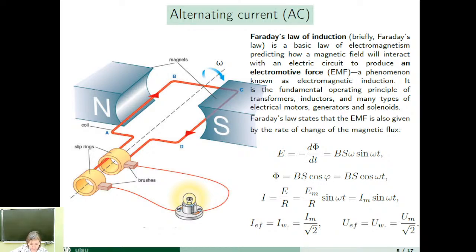Where B is the induction of a magnetic field, and S is the area limited by the contour. And this phi is a product of omega and t, the angular velocity multiplied by time.